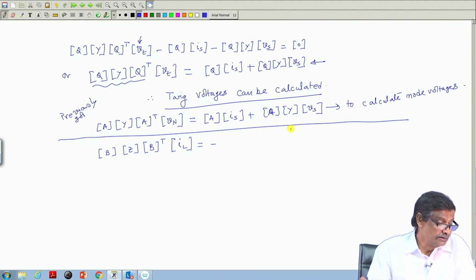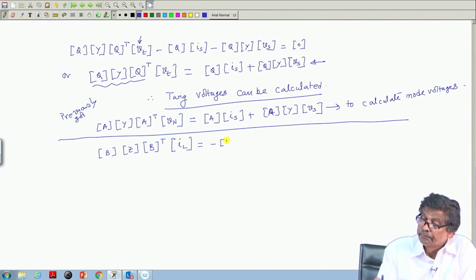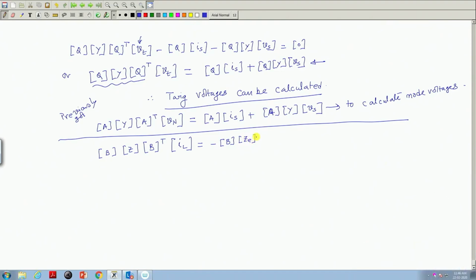So, I L will be equal to minus B into Z into I s, minus B into V s.